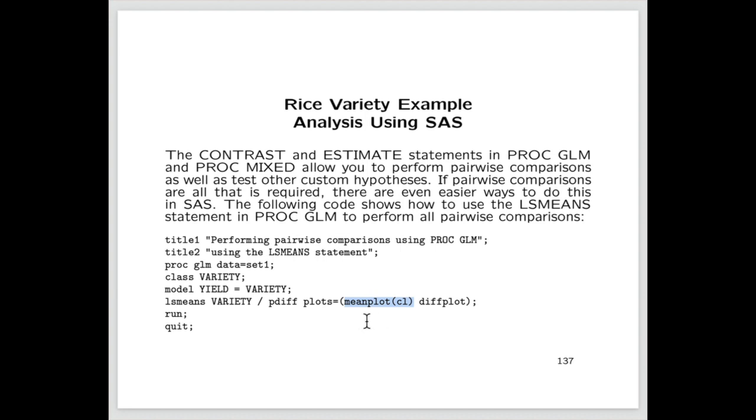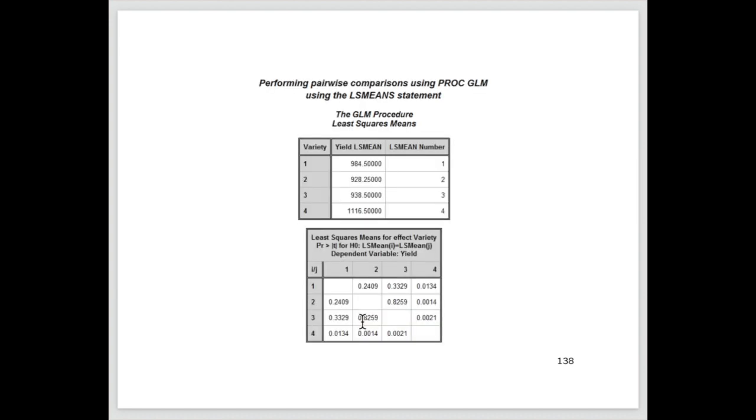All right, so let's look and see what the output looks like. And so here is the tabular output. We see the estimated values for the population means for the 4 varieties. And then in the subsequent table, these are the p-values for the pairwise comparisons of the population means.